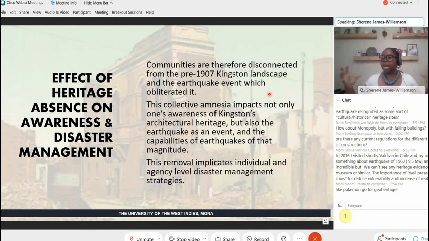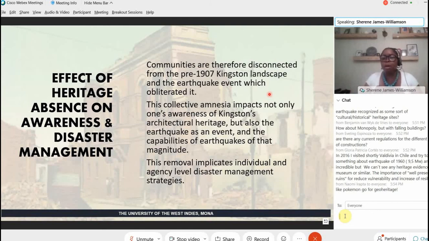So, of course, just trying to wrap it all up now. We don't want this collective amnesia. We want to learn from our heritage spaces, whether they've been labeled or not. We want them to be part of the discourse. We want them labeled. We want them identified. We want to know what happened. And we might be using the earthquake today, but I'm sure we can think of other ways and other aspects of our heritage that we might not be highlighting in a particular way.